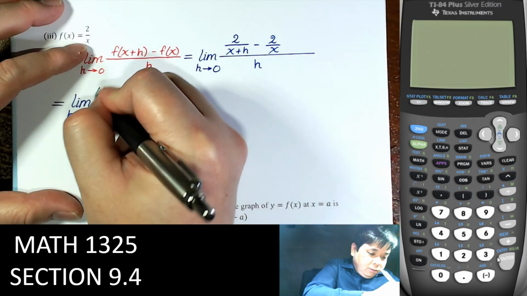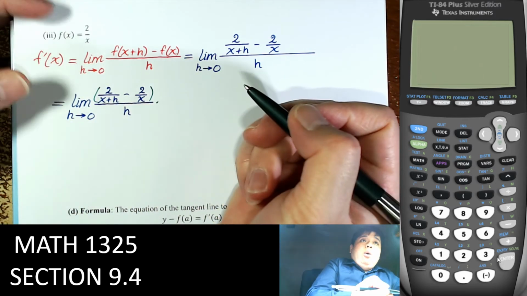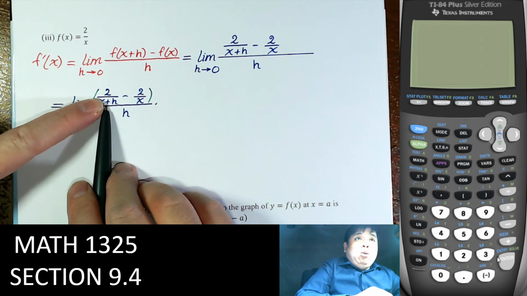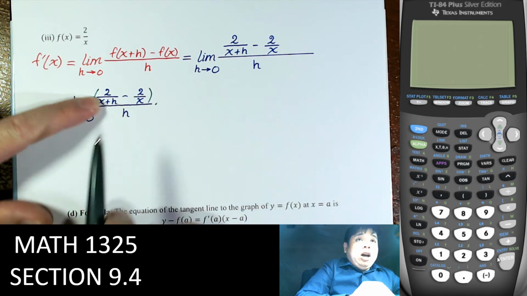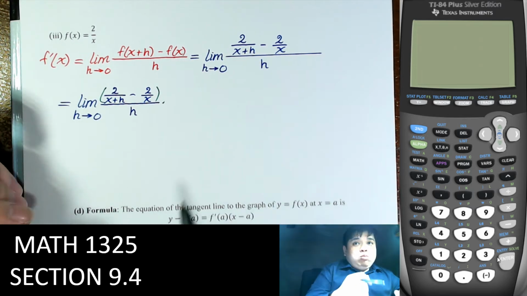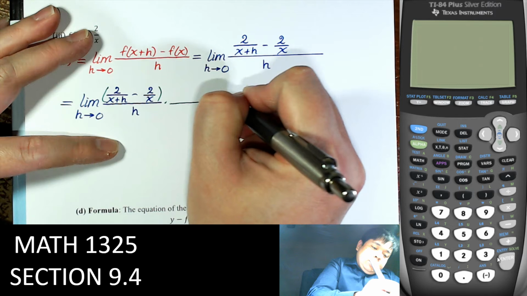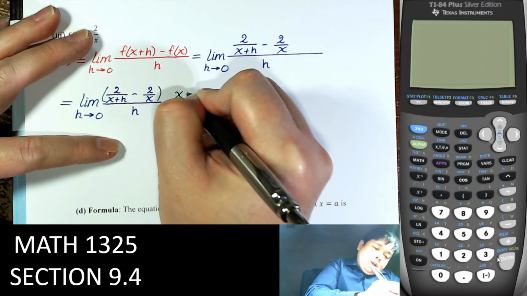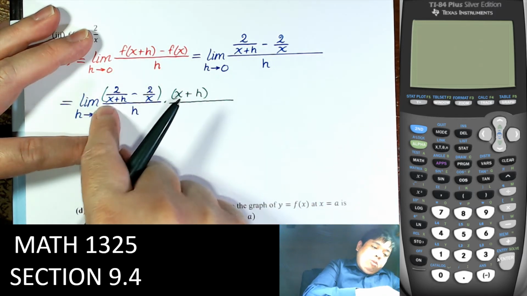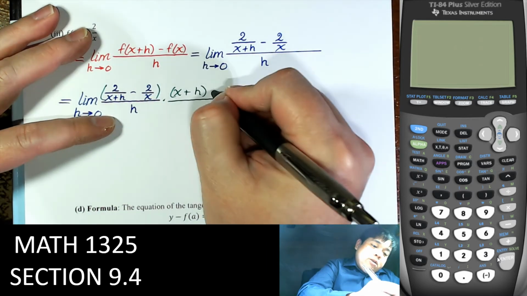Now, what I see here is I don't want the x plus h at the bottom here. I don't want the x there. So if we want to get rid of something at the bottom, we can multiply on the top, and that will cancel it. So I will multiply x plus h on the top. When we multiply it out, that will cancel. I'll need to cancel this x as well.